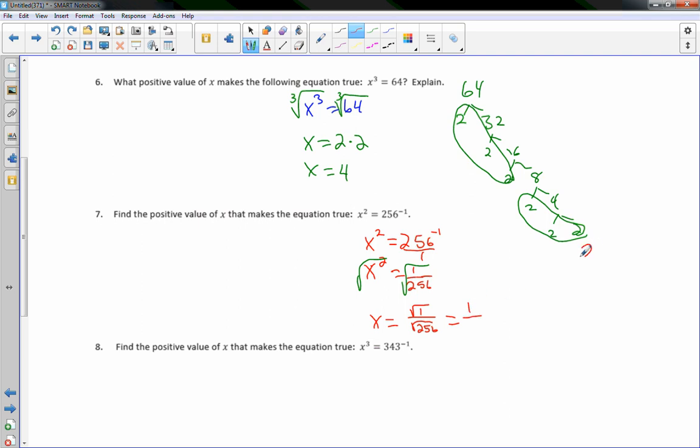And the square root of 256 requires a factor tree unless you know your values. 2 goes into 2 once, 2 goes into 5 twice, remainder of 1, 2 goes into 16 8 times, and that breaks down to 64, and now I have 8 times 8. So I have a pair of 2's, I have a pair of 8's, so that leaves me with one 8 and one 2, which equals 16. So my answer is x equals 1/16.